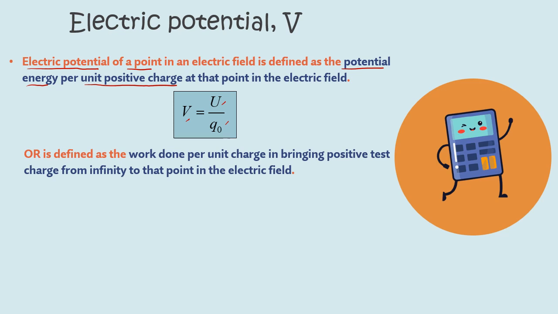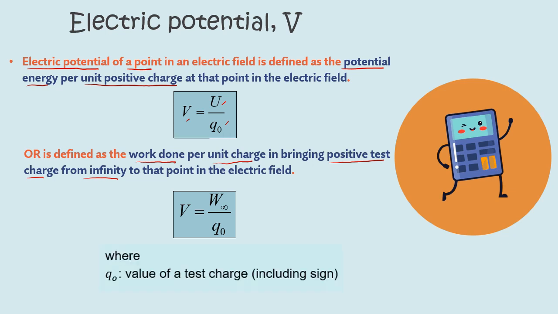or is defined as the work done per unit charge in bringing a positive test charge from infinity to that point in the electric field, and given by V equal to W infinity over Q naught, where Q naught is the value of the test charge.